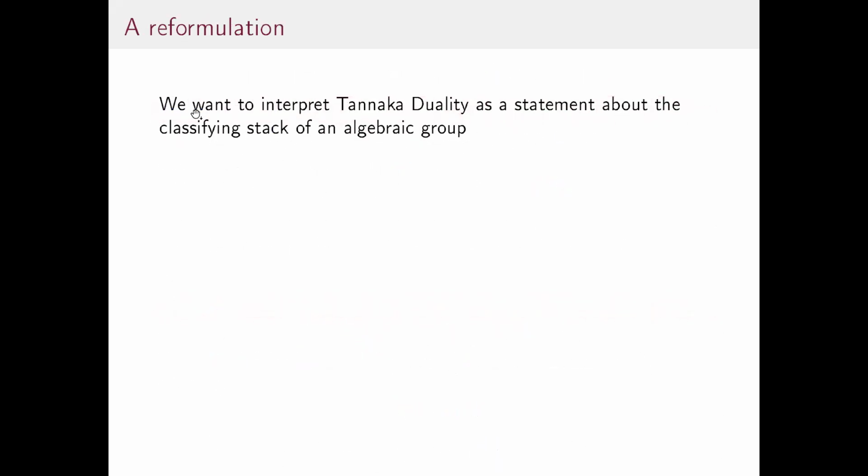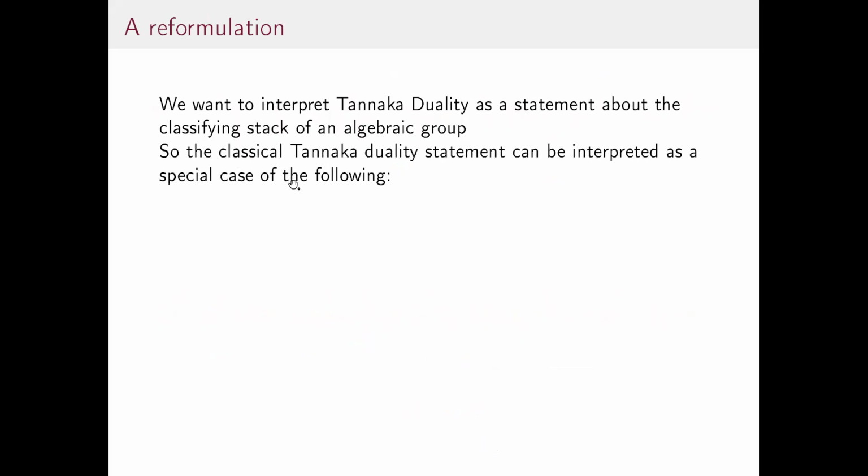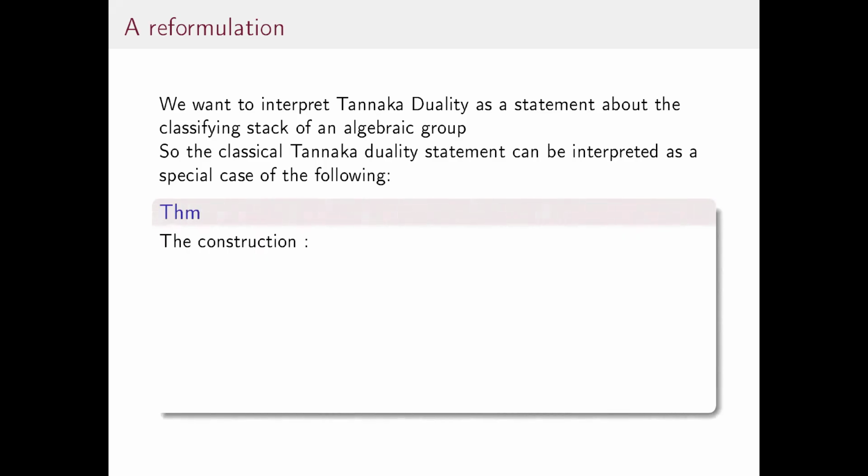And now, here's a reinterpretation that Lurie does. Lurie does it in a general setting, but we'll only see it for geometric stacks. We want to interpret Tannaka duality as a statement about the classifying stack of an algebraic group, right? The classical Tannaka duality statement can be interpreted as a special case of the following statement.